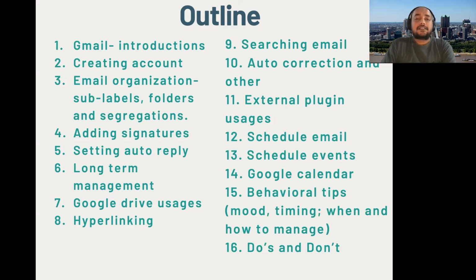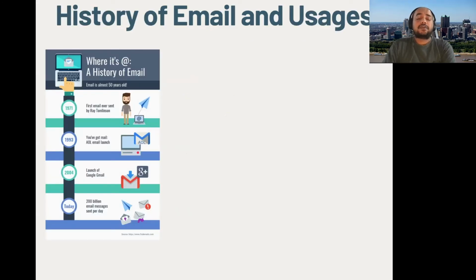So let's get started. If we talk about the history of email and its uses, the first ever email was sent by Ray Tomlinson in 1971, and then we got the AOL email launch in 1993.